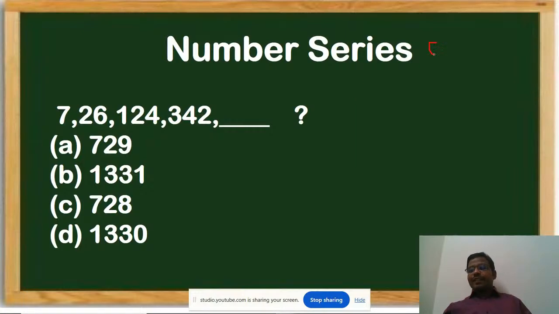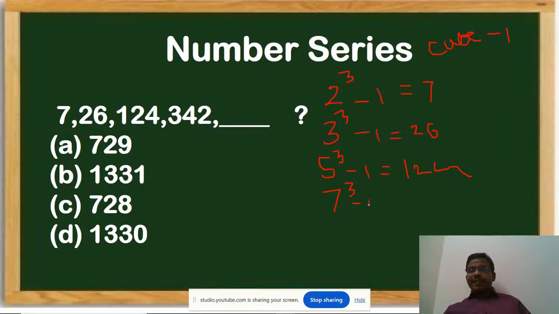So this is cube minus 1. 2 cube, 8 minus 1 is 7. 3 cube, 27 minus 1, 26. 124, that is near to 5 cube 125, 125 minus 1, 124. 7 cube 343, 343 minus 1, 342.